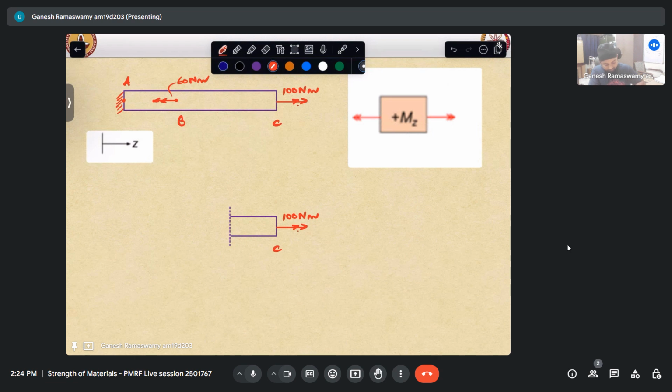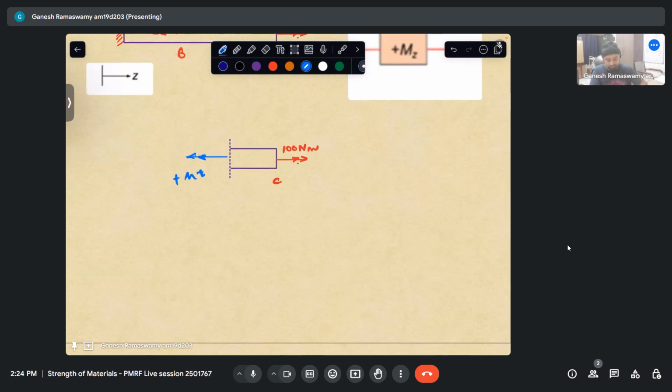So let me indicate positive mt is this mt. Now this, under sigma m about z equaling 0, gives us plus 100.